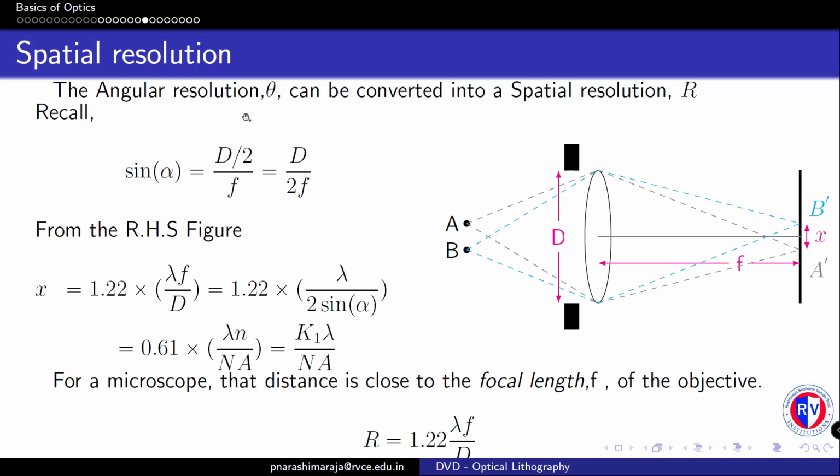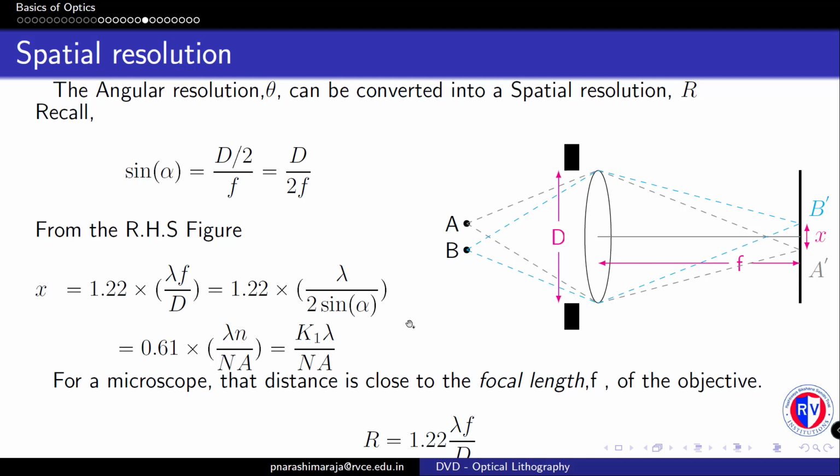In order to convert this angular resolution into a spatial resolution R, we can use this diagram. This separation x is written as 1.22 times lambda times the focal length divided by the diameter of your lens.